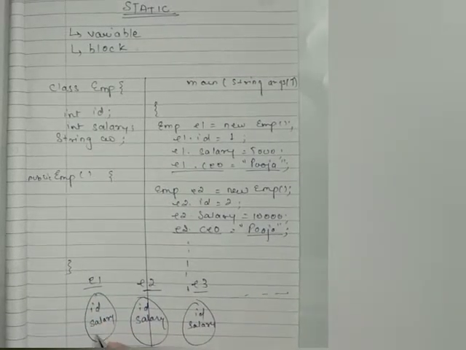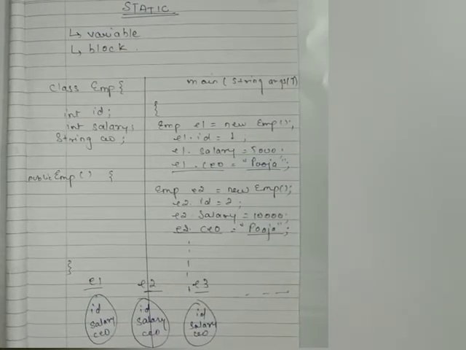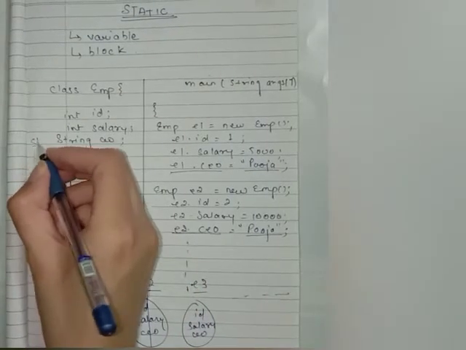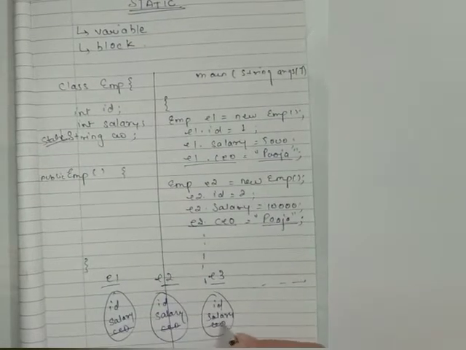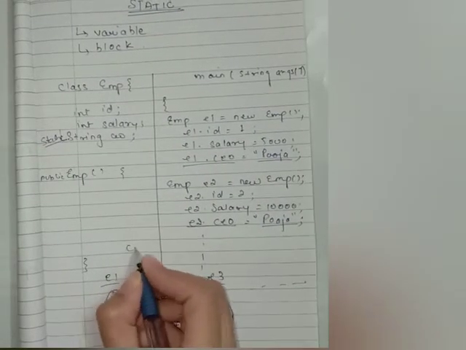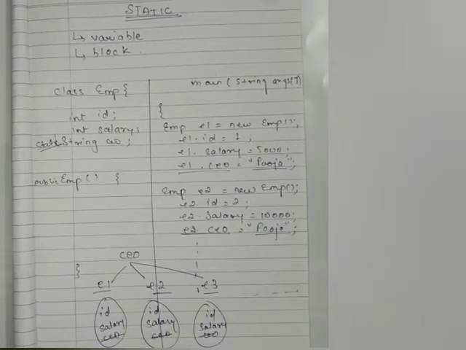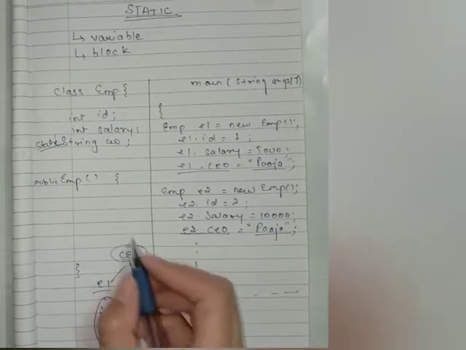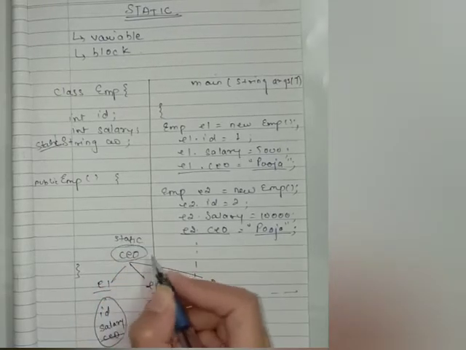They had id, salary, CEO; id, salary, CEO; id, salary, CEO. What we are doing by making the CEO static is taking it out from the instance and making it common to each and every one. So now CEO is at a class level. It is static and is at a class level.